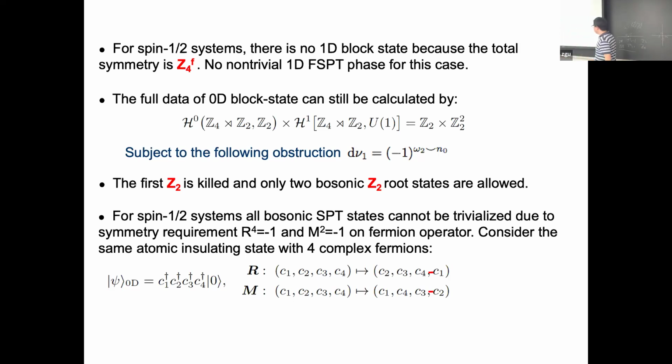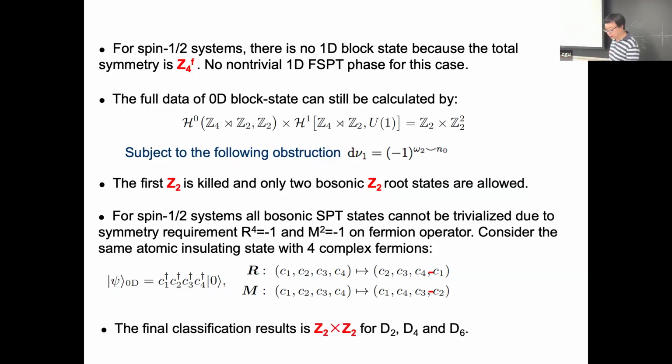So the way to argue why in this case you cannot kill the mirror reflection and rotation eigenvalue -1 is that for a spin 1/2 system we must put this -1 to make sure R to the fourth and M squared are minus one. Doing a similar operation just takes you back to the same one, so you cannot generate this -1 eigenvalue. So now you can see the final result is just Z2 squared, for all the cases: D2, D4, D6.